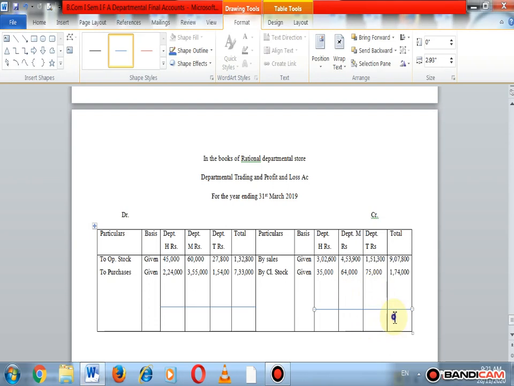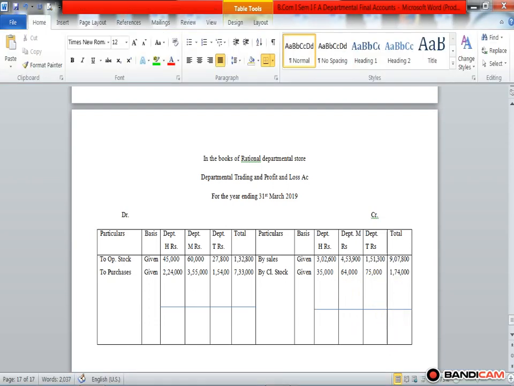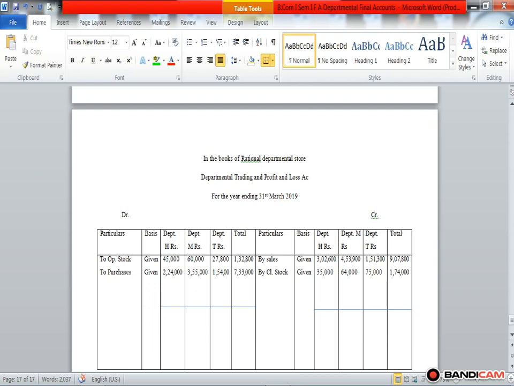So the credit side total is more, that is 10 lakh 81,800.